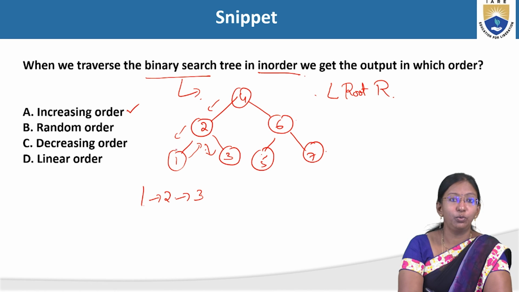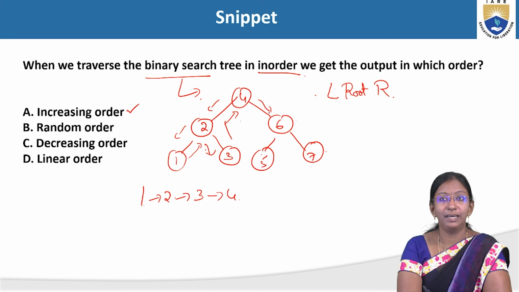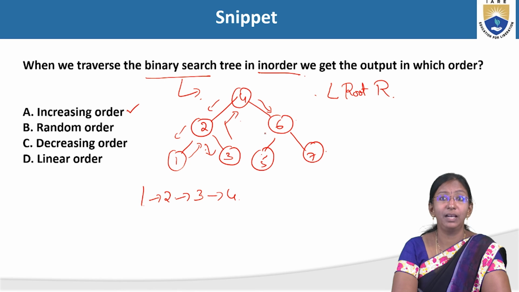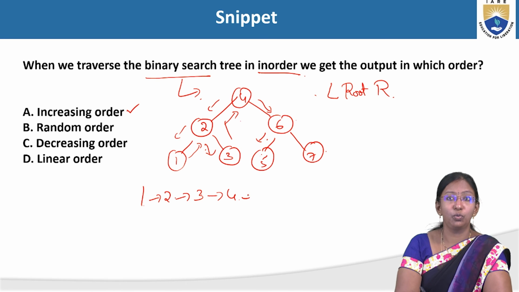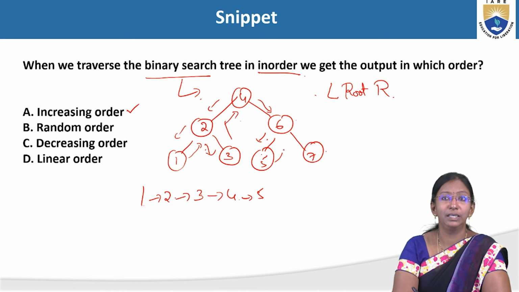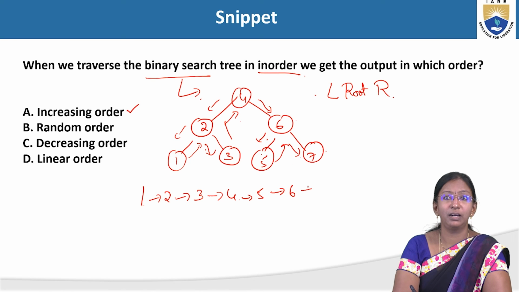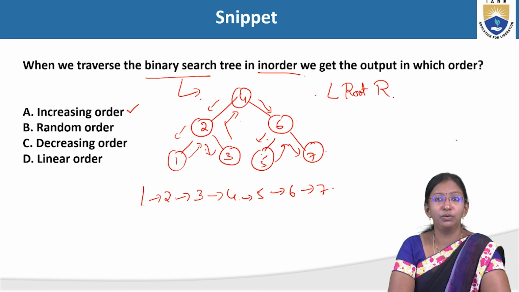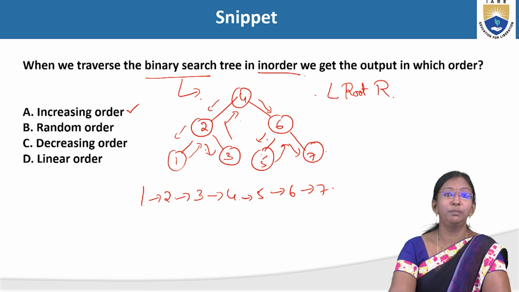As the total left part is done, it will go to the root, which is 4. Then it will start going in its right direction. After the root, right. In the right subtree, we do have a left part for 6, so 5 will be visited. Then it will reach its root 6. Then its right child 7. See in which order it is given: 1, 2, 3, 4, 5, 6, 7. Is it in increasing order or not? So it will be in increasing order.